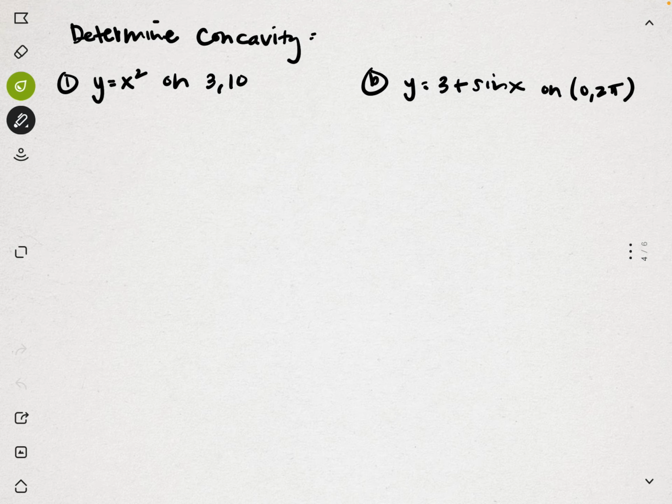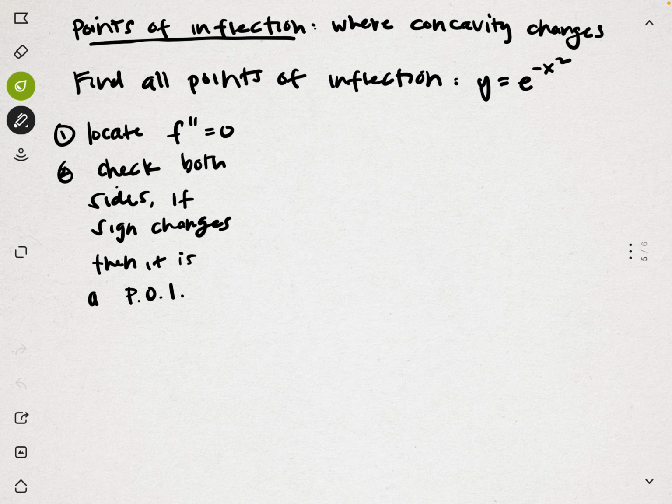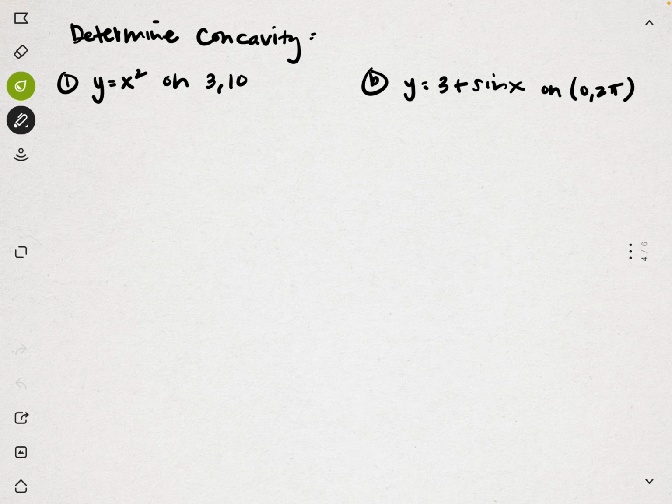Okay, so the last thing we want to do is determine concavity. I think it's the last thing. Oh no, not quite the last thing. Determine concavity on the interval. Okay, so, well, we kind of figured out x squared already, but let's go ahead and do it. So we're going to do the first derivative, and then we're going to do the second derivative.